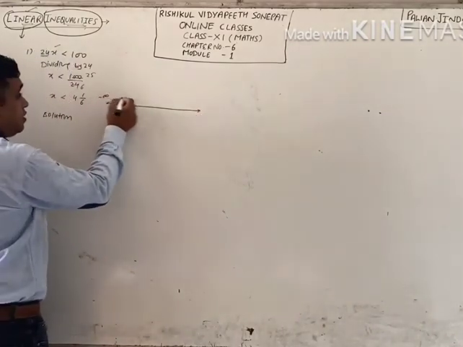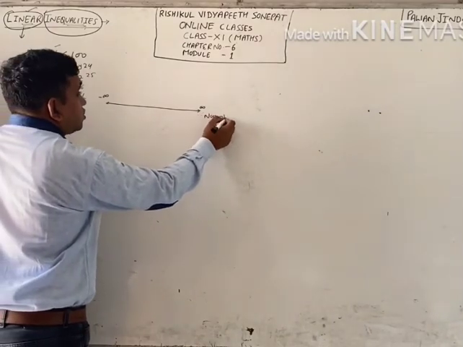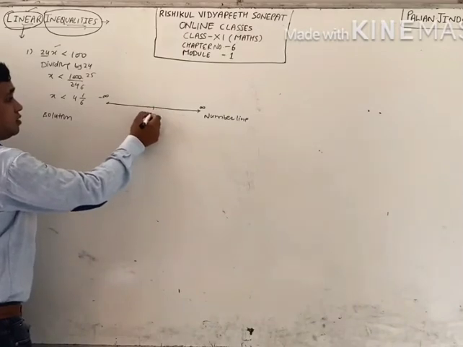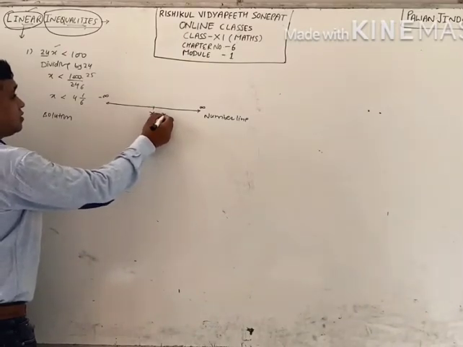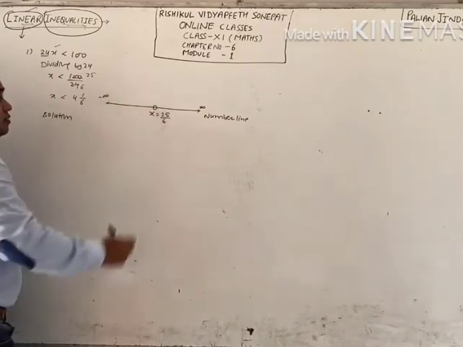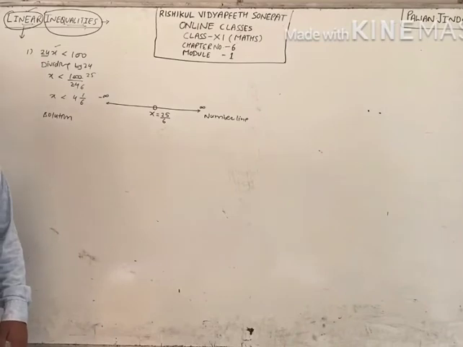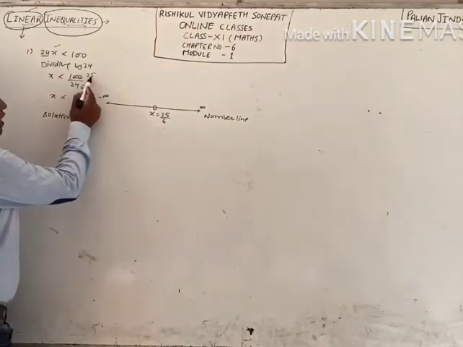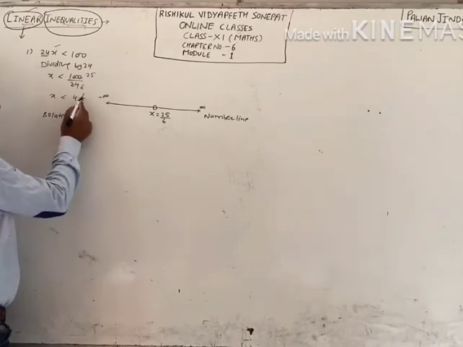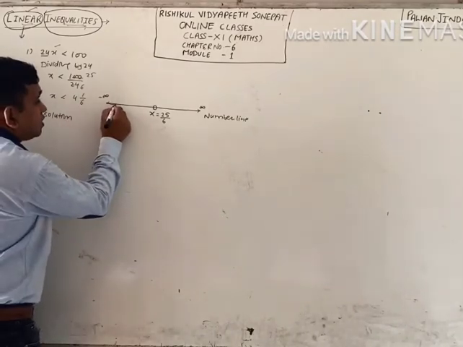This is your number line. Now how will you plot the solution on number line? This is your 25 by 6. Make a circle here. Now darken the line where you are having numbers less than 25 by 6 or 4 and 1 by 6. All numbers will lie on this side.